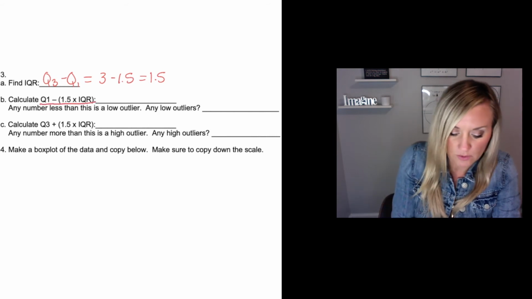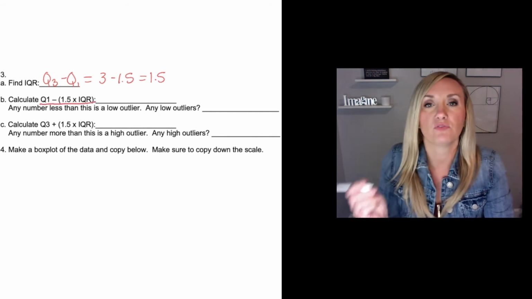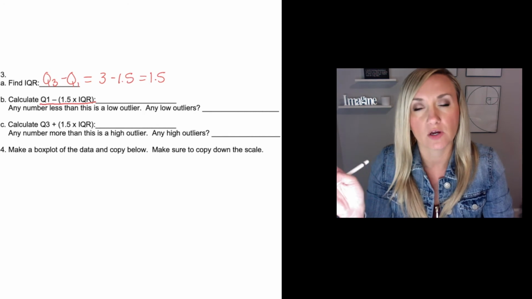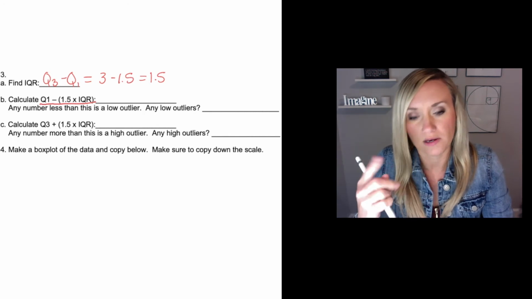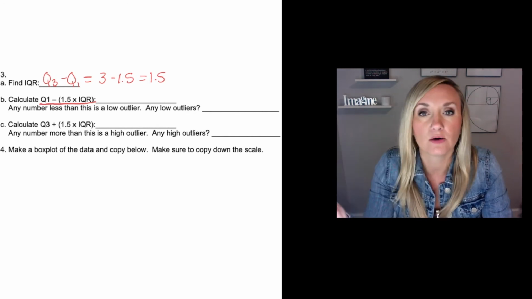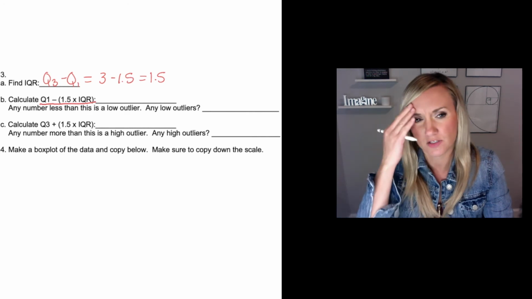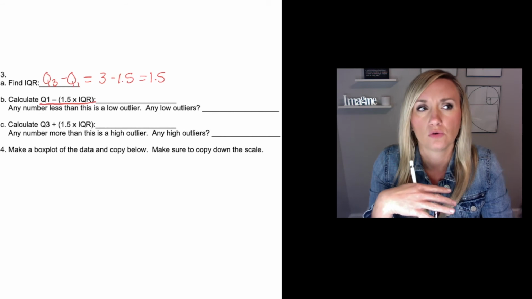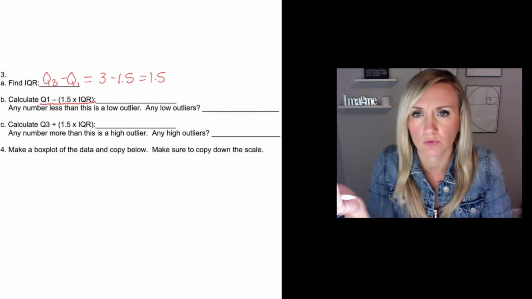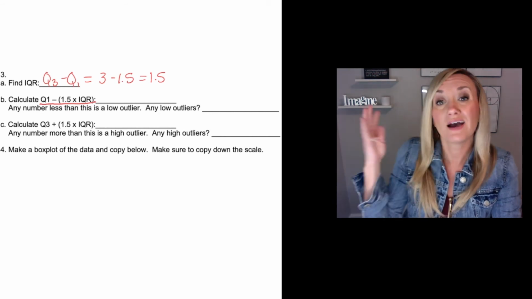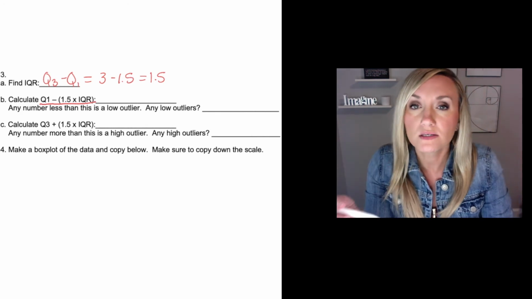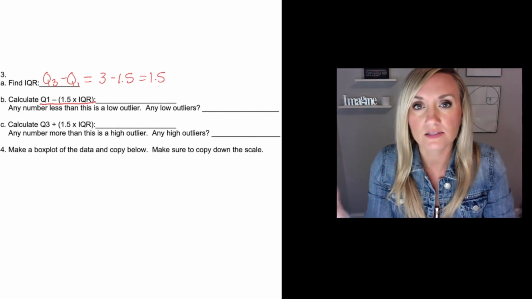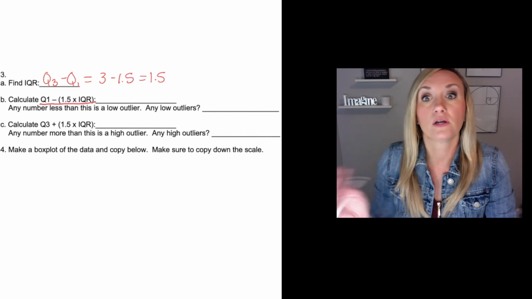Now let's see if there are any outliers below our 1. In the context of the problem, an outlier there would not make sense because we wouldn't have anybody with a negative number of concerts. Could you see negative concerts? No, you could not. But we could see someone who's been to like 50 concerts. But what's the number that is too high?